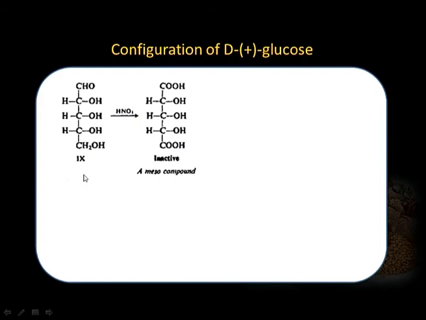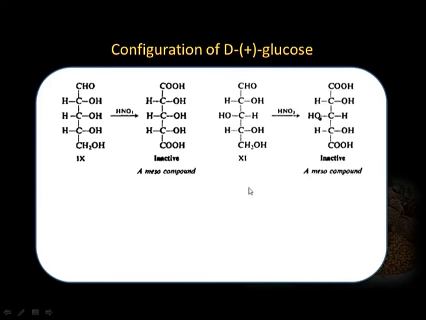If it is like this, that is structure number 9 for minus arabinose, which has all 3 hydroxyls on the right side, it will give a dicarboxylic acid which is a meso compound and it will be optically inactive. If number 11 is the structure for minus arabinose, this will also give us a dicarboxylic acid which is optically inactive.